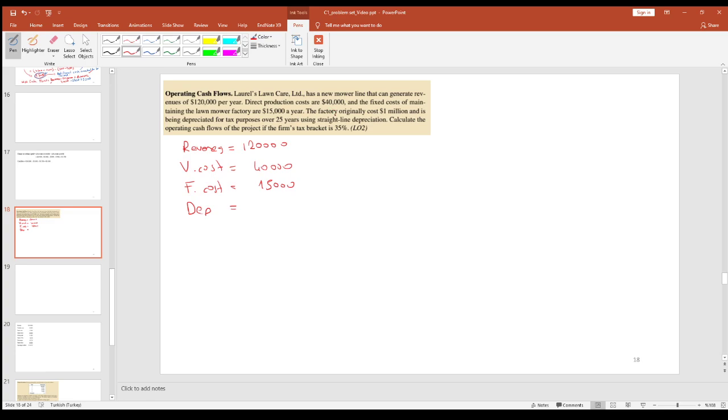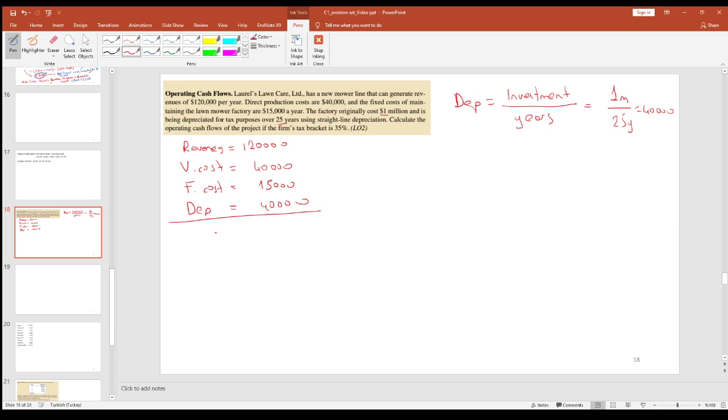Now, how to calculate depreciation? Remember, investment you made divided by number of years you want to depreciate it. So in this case, 1 million you spent here, and you depreciate it for 25 years. This equals 40,000 per year. So here 40,000.